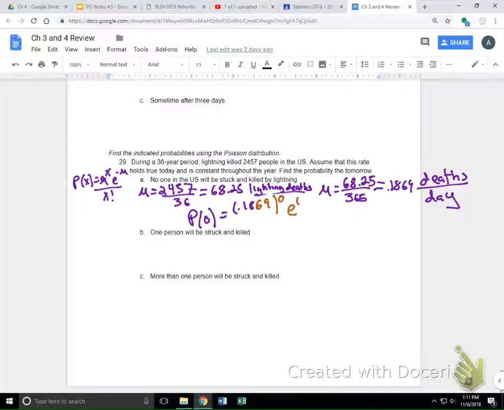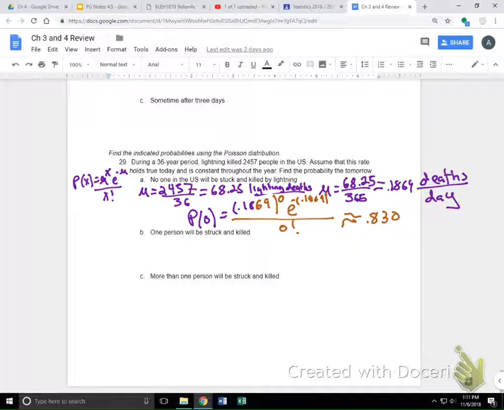Then we have e to the 0.1869. And this one is going to be negative, because remember it's a negative mu, all over 0 factorial, which gives me 0.830.